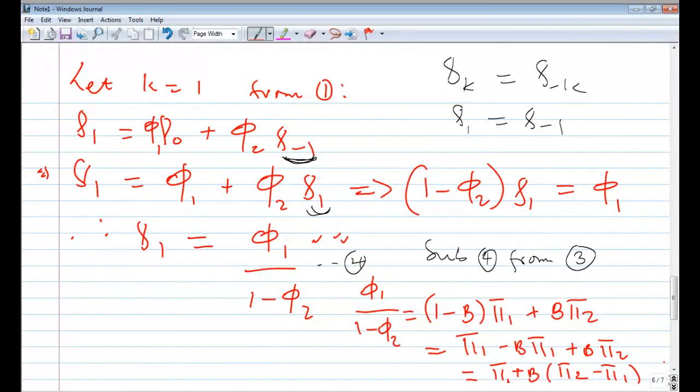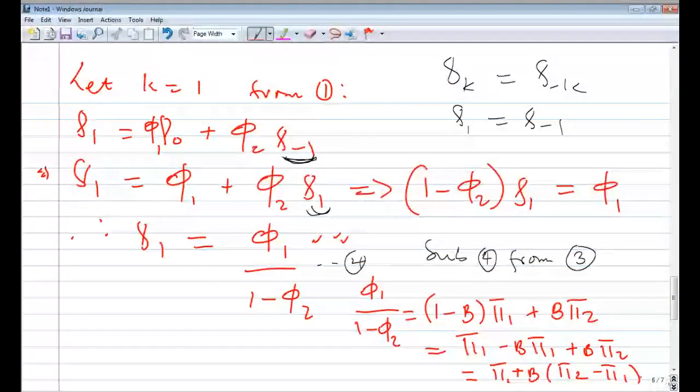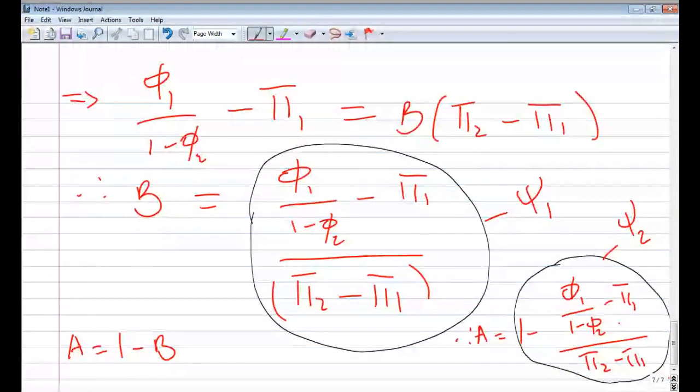From 3 is this one. Then when you do that, you get this. At the end of the day, after substituting, you're going to get this. Then you work out until you arrive here.